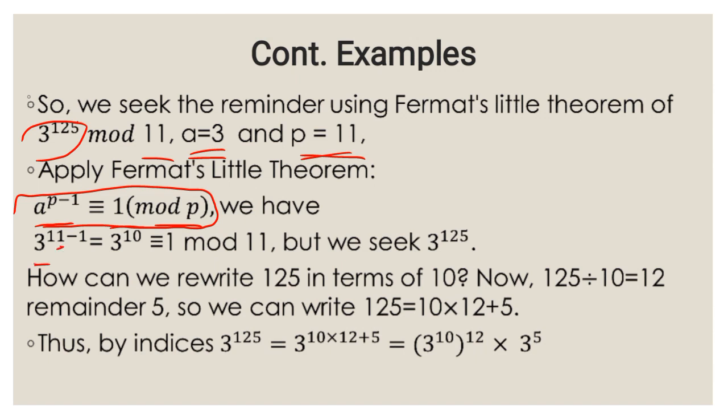So it will be 3 raised to 11 minus 1, which is 3 raised to the power 10. By Fermat's little theorem, this is going to be 1 modulo 11.